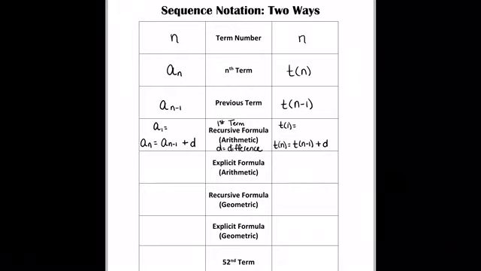The explicit formula for arithmetic sequences, now we're going to need to put a1 into our formula and the difference into our formula. So there's two pieces that you're going to have to use as you're writing this information. So in the explicit formula, the nth term is equal to the first term plus the common difference times n minus 1.